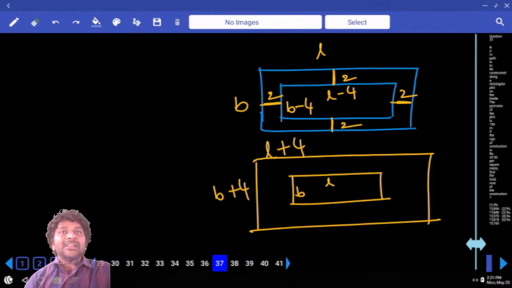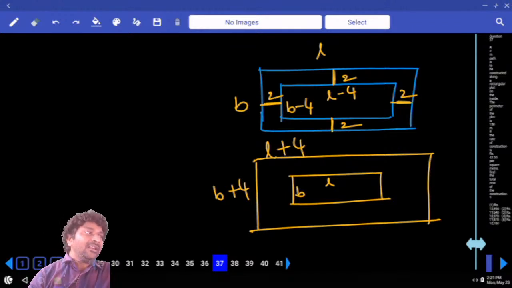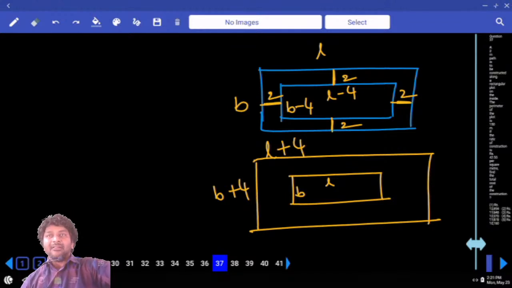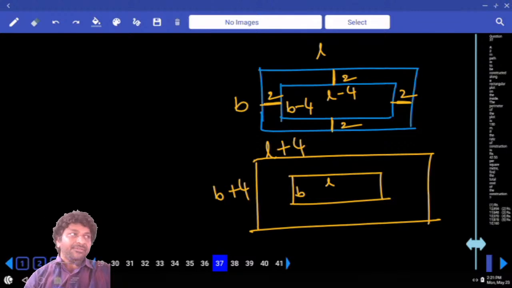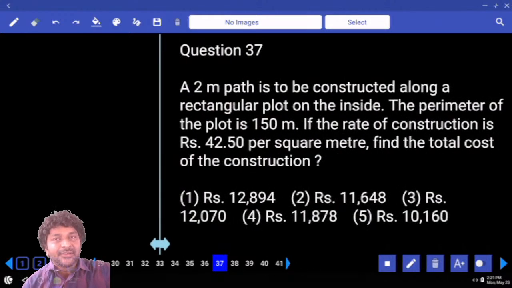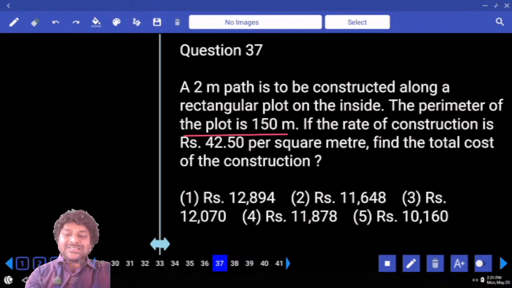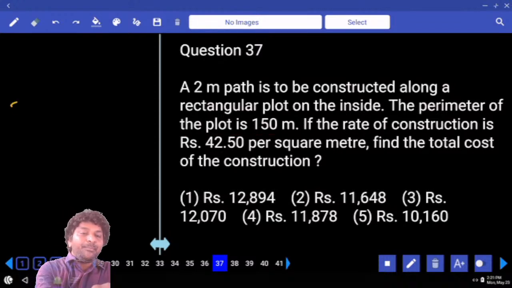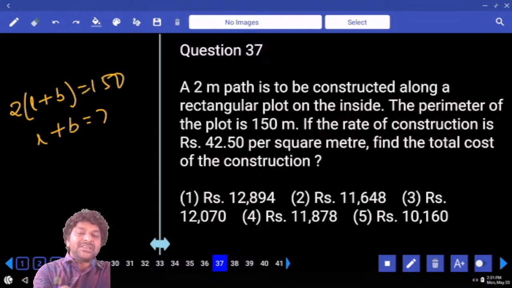That is what I was telling you. If you know the length and breadth of either the inner or the outer rectangle, one is enough, the other one we can easily calculate. In the information, do you have the length and breadth of either? You are given the perimeter, which is 2 times L plus B. From that you can conclude L plus B is equal to 75.